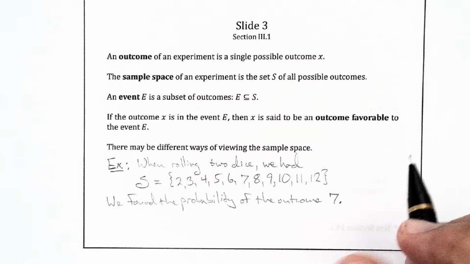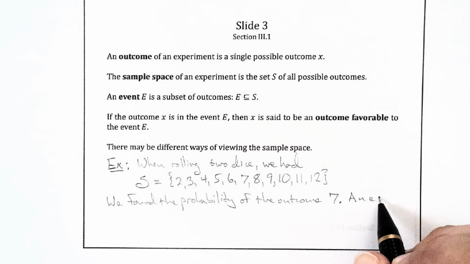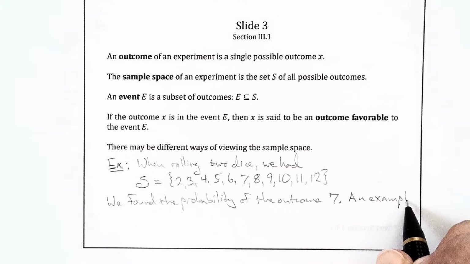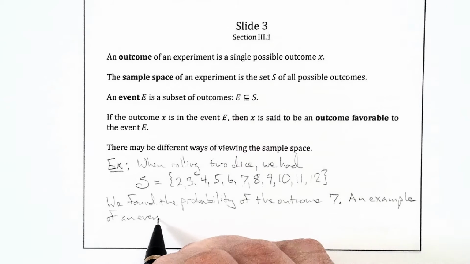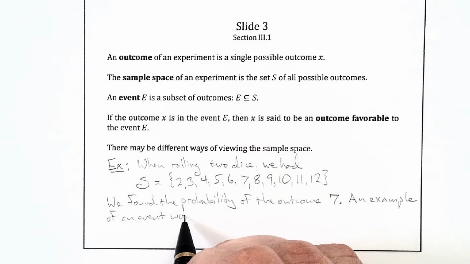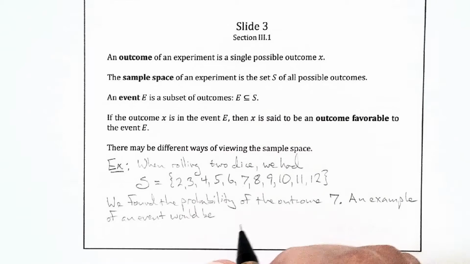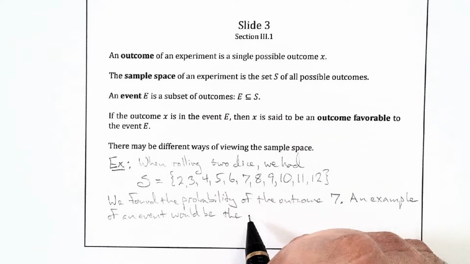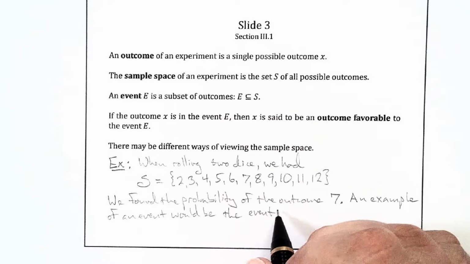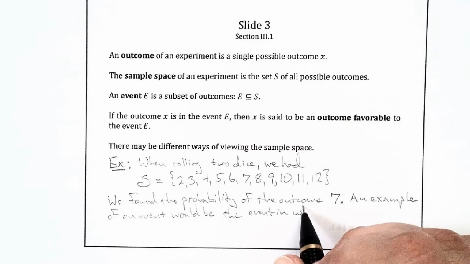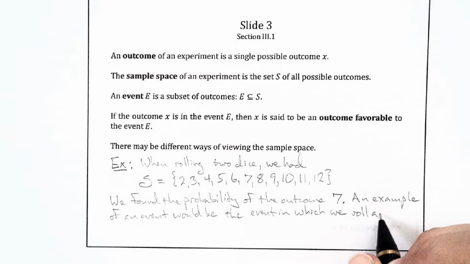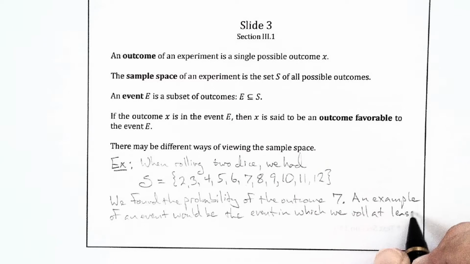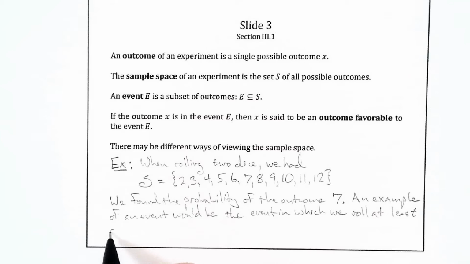Okay, an example of an event would be, let's say, the event in which we roll at least, let's say, a 9.